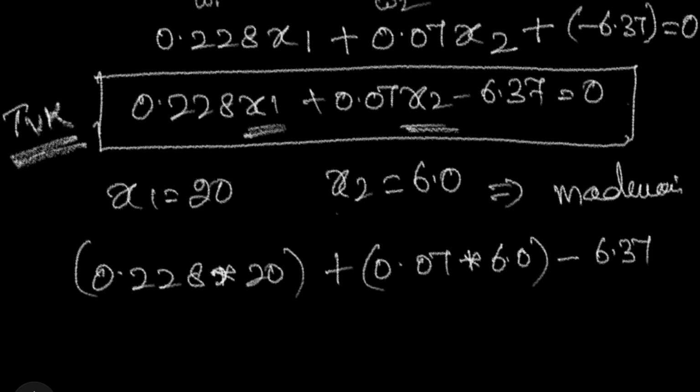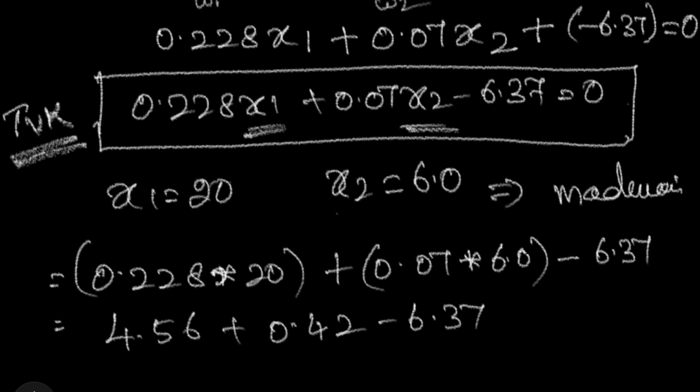We have to check what is the value of it. So 0.228 into 20 gives you the value 4.56 plus, and here 0.07 into 6, it gives you the value 0.42 minus 6.37.